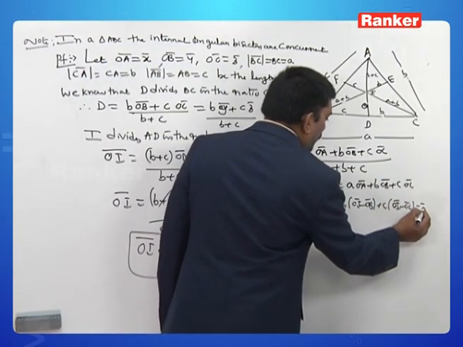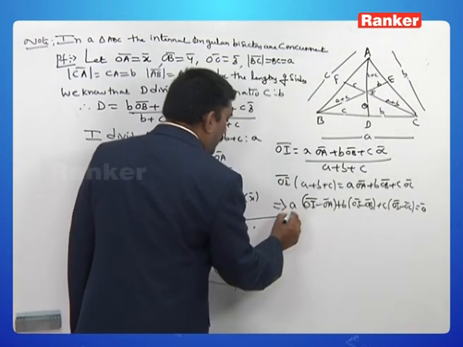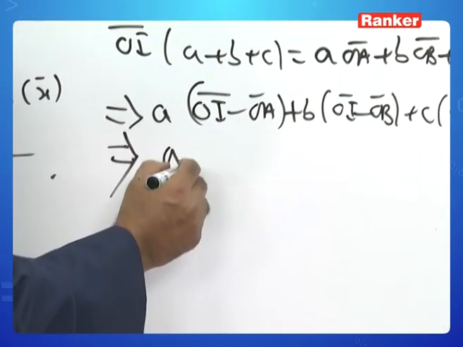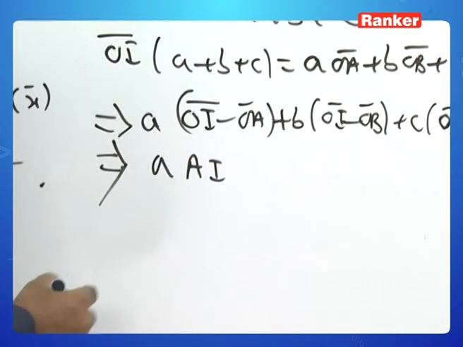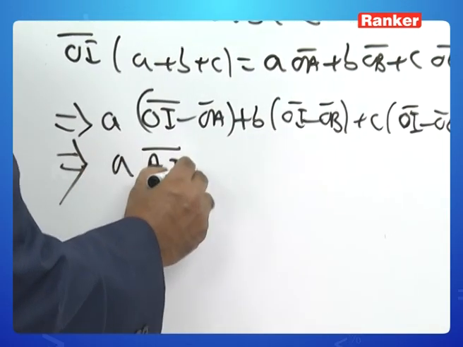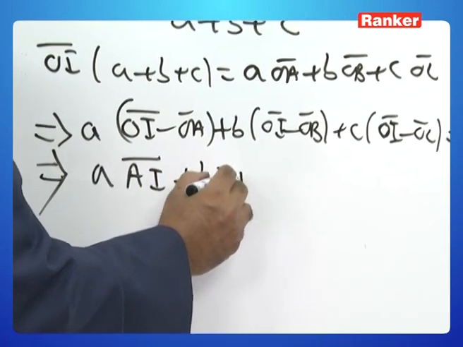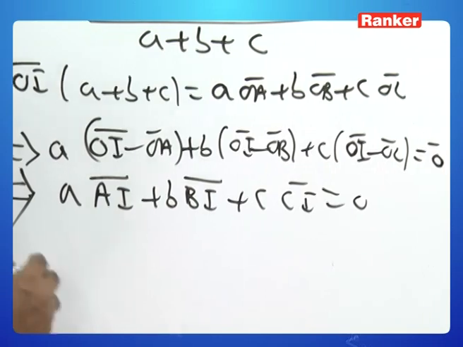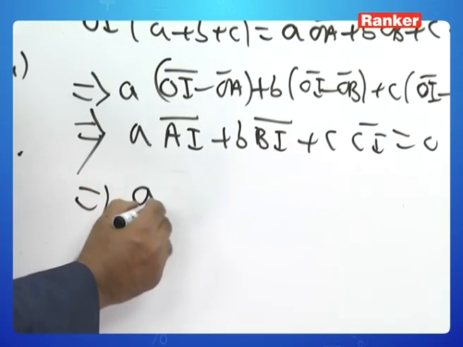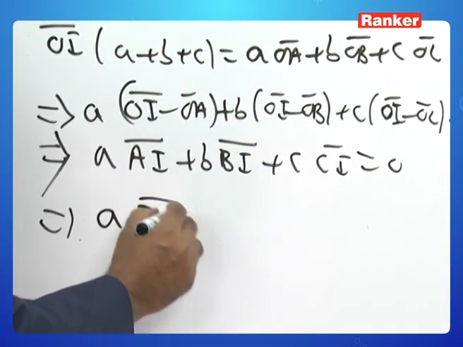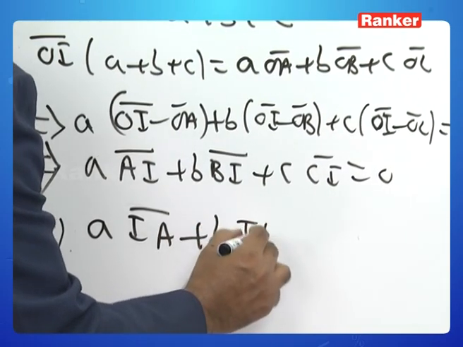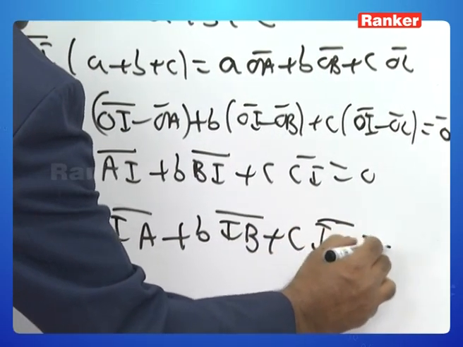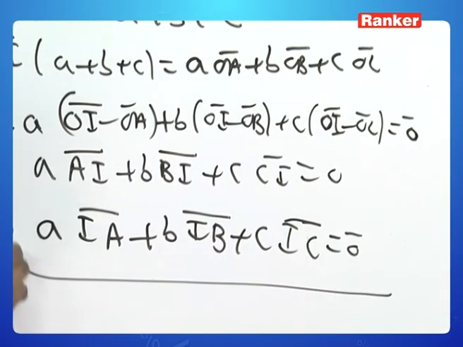So therefore, now I can write A into AI bar plus B into BI bar plus C into CI bar, or else I can also write A into IA bar plus B into IB bar plus C into IC bar is equal to 0 bar or 0.